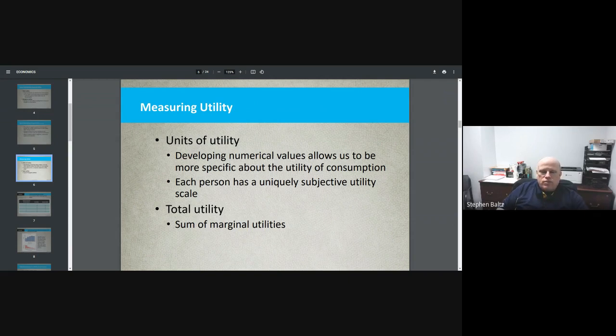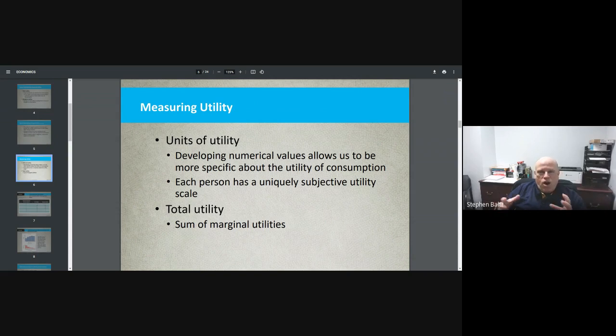For example, I don't like mushrooms at all. Some of you in the class do, I'm sure. So the utility or satisfaction that I get from eating mushrooms, and the utility values, are going to be much different than what your utility values would look like if you do like mushrooms.